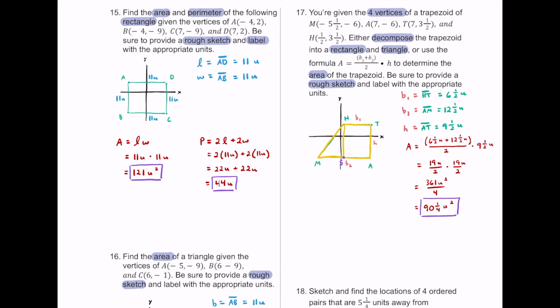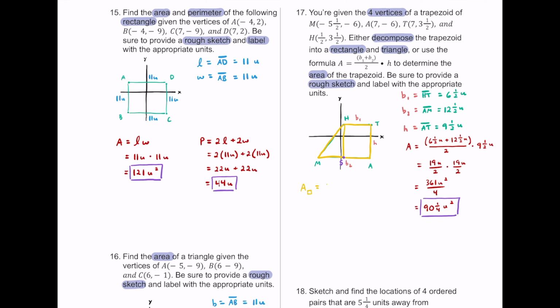And if we go ahead and find the area of the rectangle, well, we already know the length and the width. So for this rectangle, we already know HT and TA. So we can go ahead and multiply that. So let's go and say the area, and then I'll just draw a little rectangle here. So the area of the rectangle here is going to be HT, which is what, 6.5.